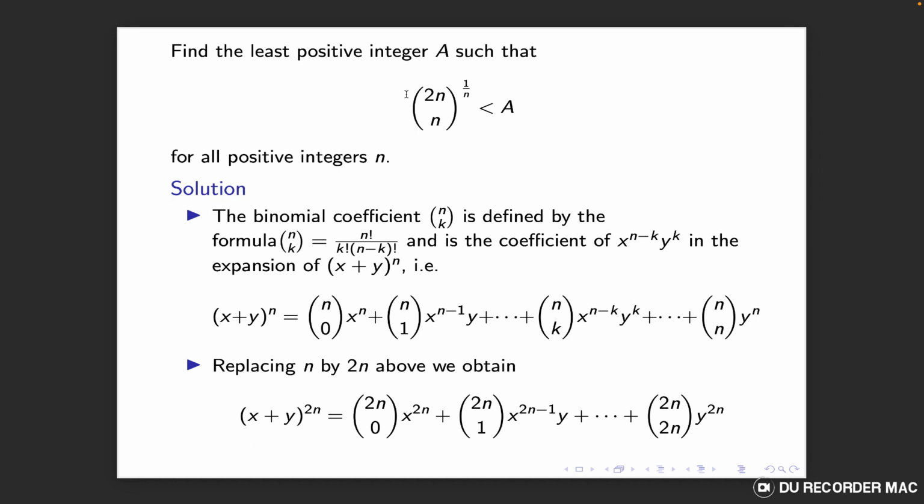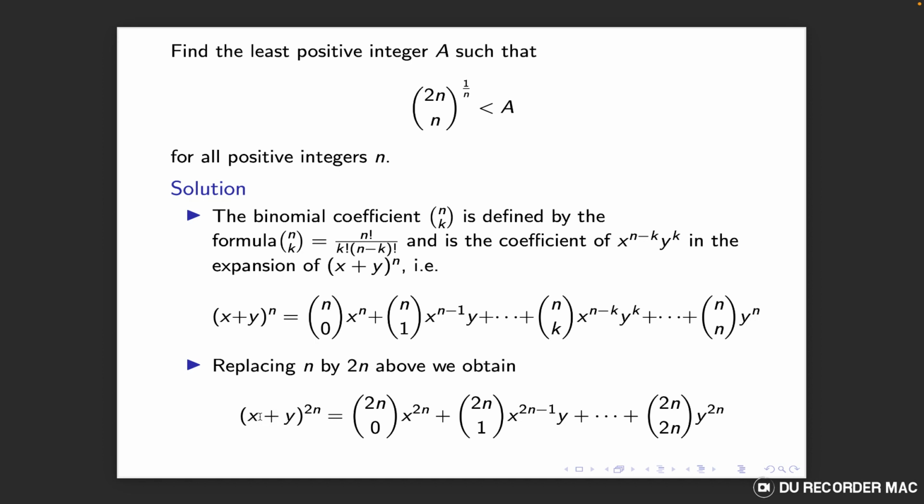Since we are interested in the binomial coefficient 2n choose n, we will replace this n by 2n, and we obtain the following expansion. All right, one interesting thing here: what happens when we plug in x equals 1, y equals 1?